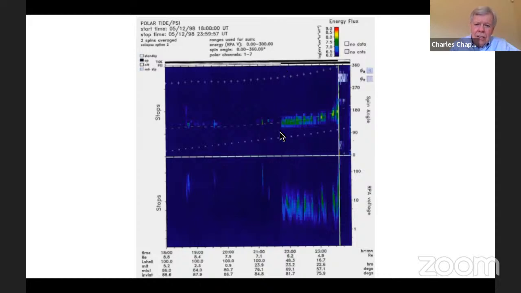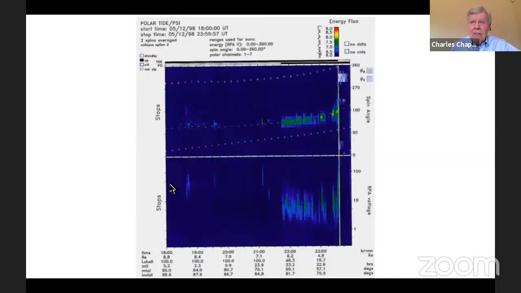And all of a sudden, instead of seeing nothing, you see the polar wind flowing along the magnetic field line out of the northern hemisphere. And we're looking at energies here now of 1 to 10 eV, whereas before the neutralizer turned on, there was nothing to see except a few particles up in the 100 eV range.